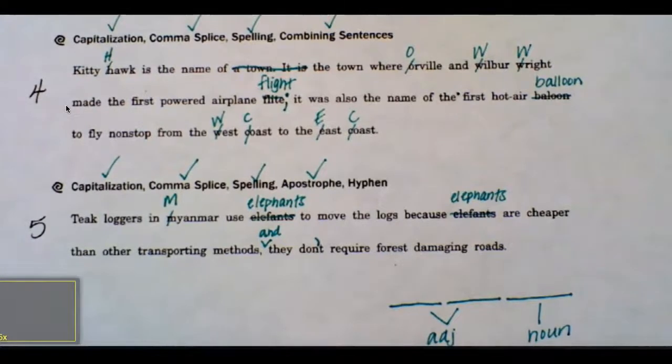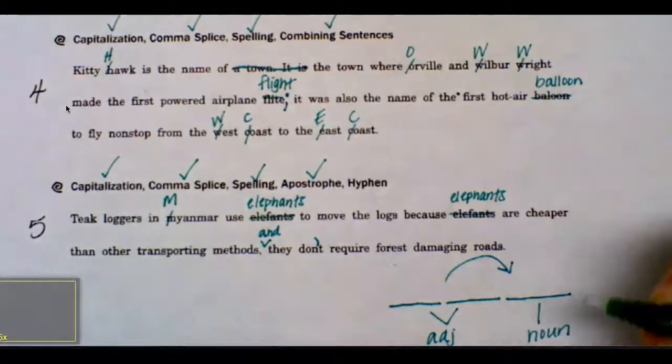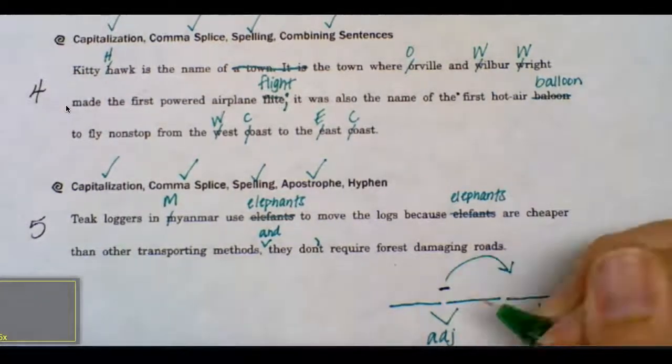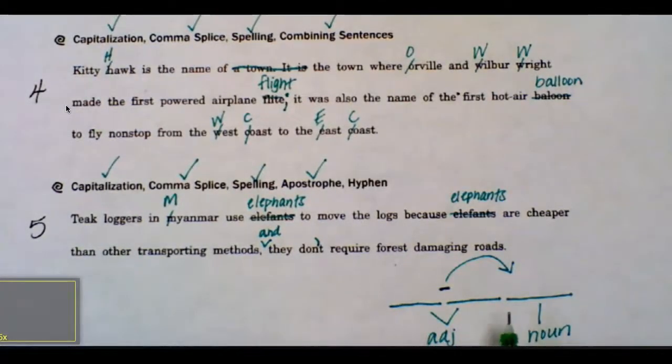So if we're going to create an adjective that describes a noun, we can do so by adding a hyphen between those two words to create an adjective.